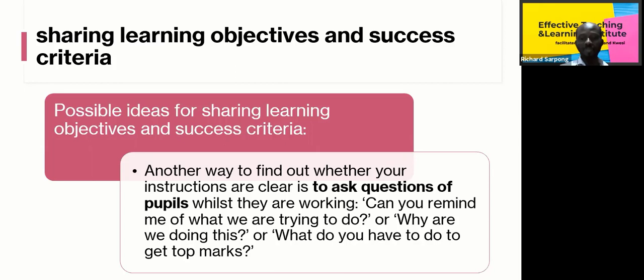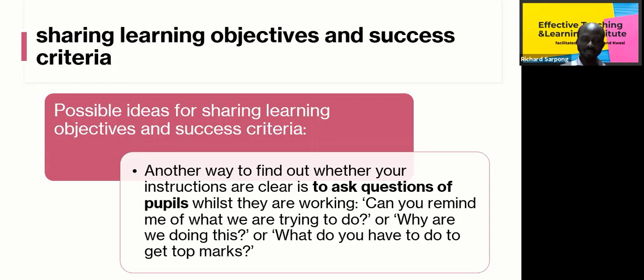What do you have to do, or what are you doing to get the top grade or to be successful with your learning? When you're using those questions and prompts, it draws attention to the learning and how success will look with the learning. And that is what will bring the motivation for students to make the required progress in their learning.